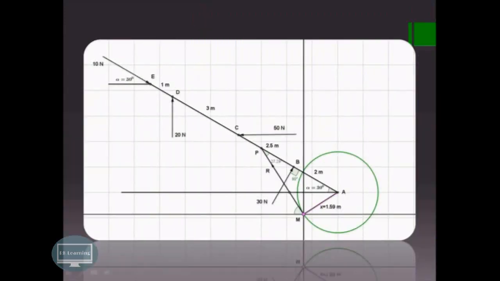So from A, draw a circle of 1.59 meter radius as shown here, and from point M draw a tangent, which is nothing but our resultant. The resultant is making an angle of 57.27 degree, as we have already calculated, and as we have already seen, the resultant is in the second quadrant.